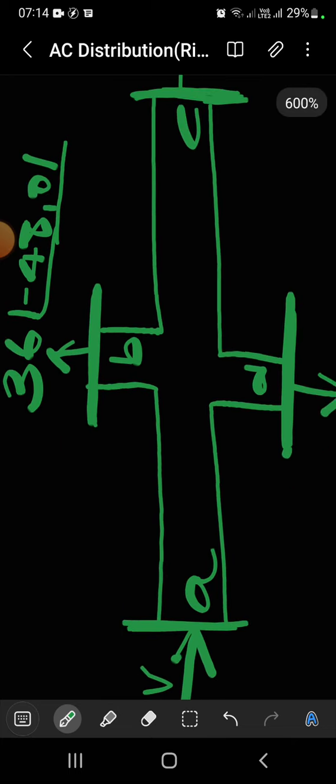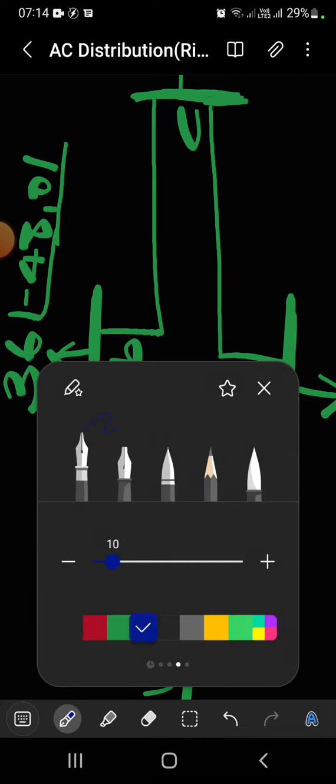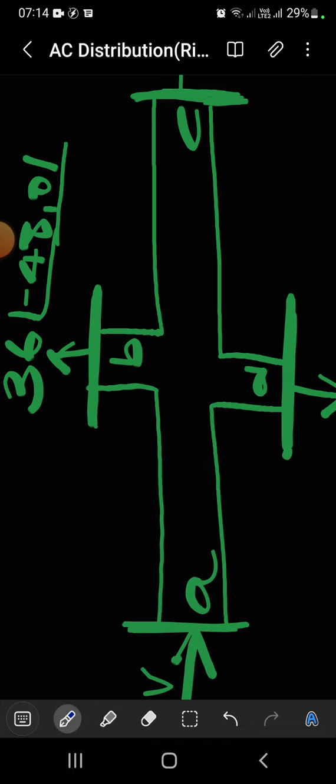The first step is to give our currents direction. On DC it would make a closed loop: current travels through AB, then BC, CD, going back to DA.